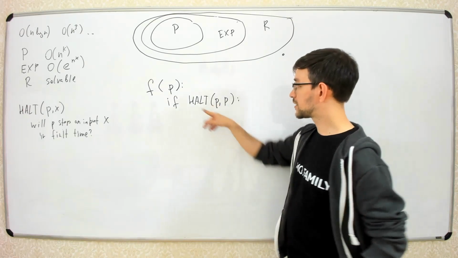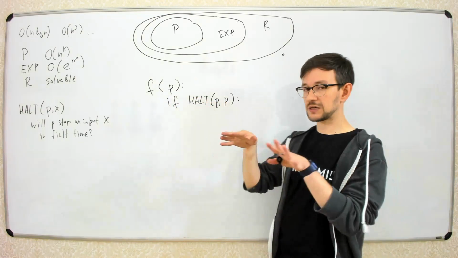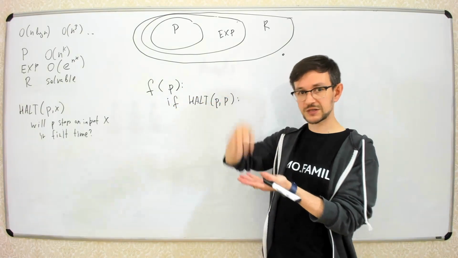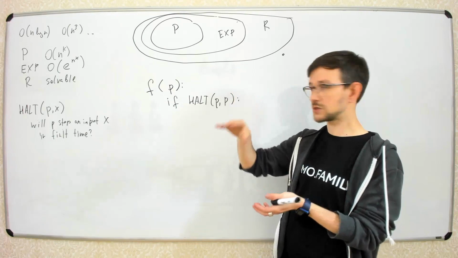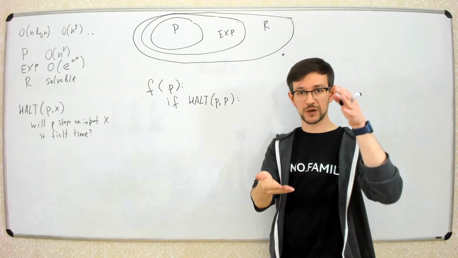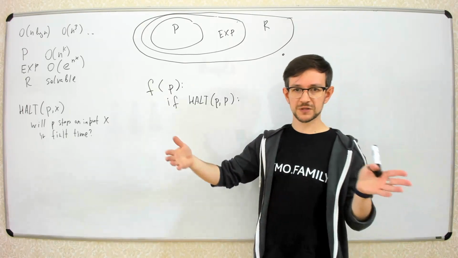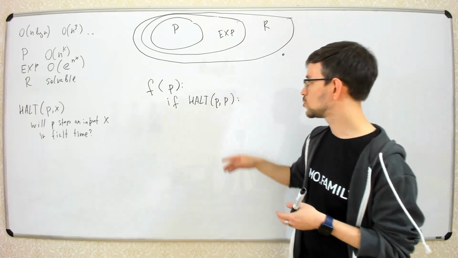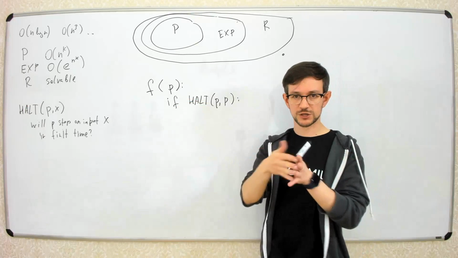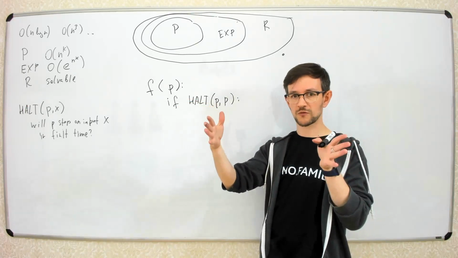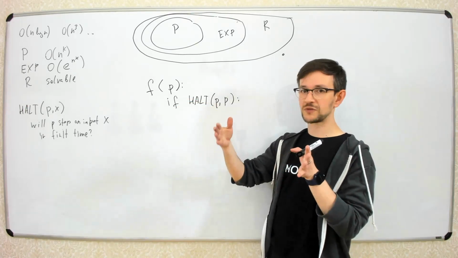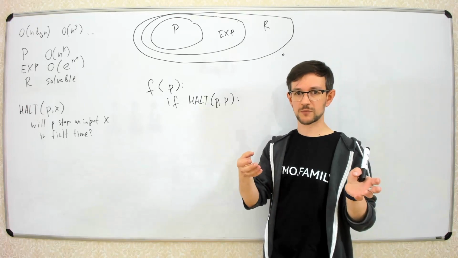Every program is just a sequence of lines, or you can interpret it as a sequence of bits. It doesn't matter. The program is data, just a block of data.